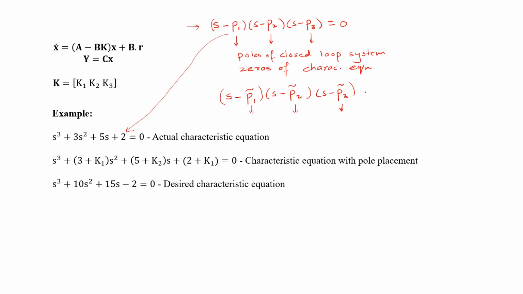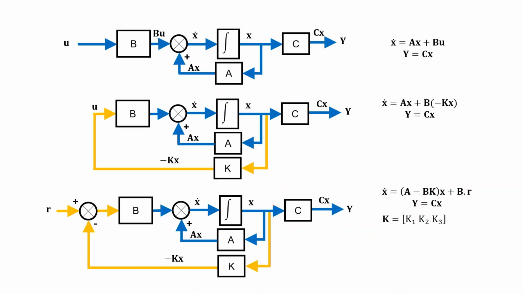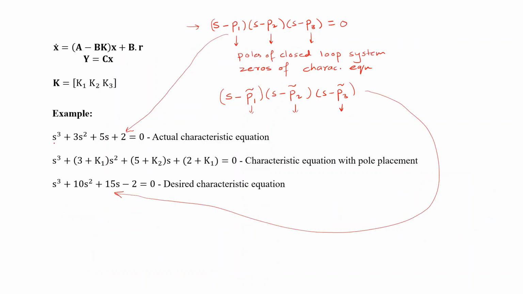So let us say this is our desired characteristic equation having new poles. So after this pole placement, this equation will be modified to this type.